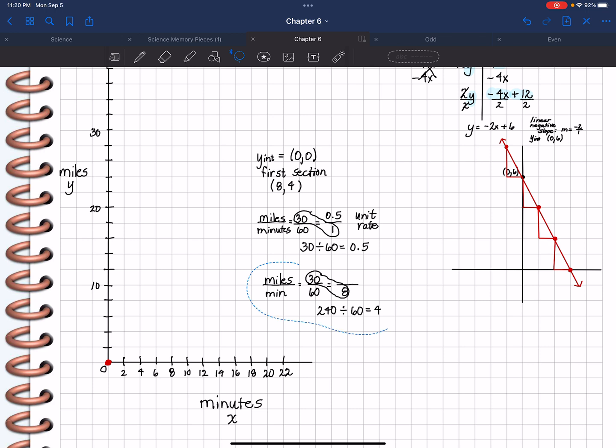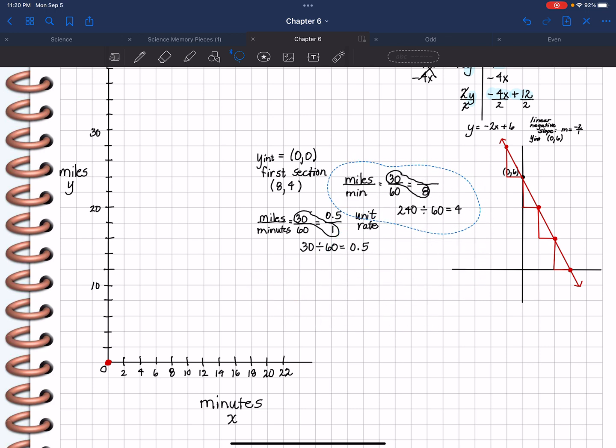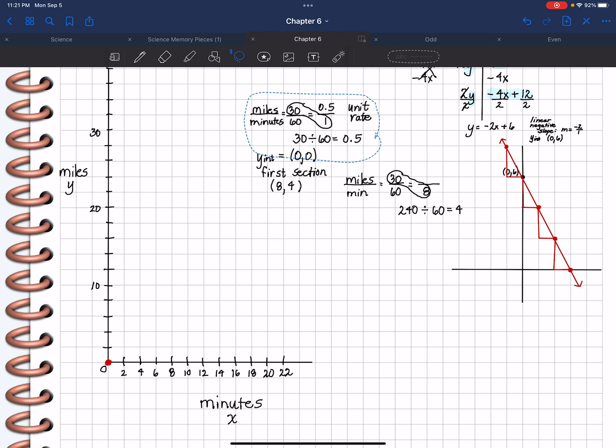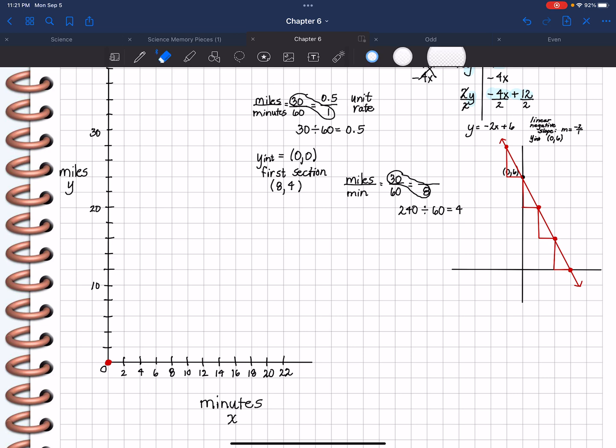Let me bring this up here so you can see where I got that right there. And I'll bring this somewhere else because we don't really need it. All right, so here's the 8 minutes, and we got a 4 out of there. So this part is coming from this math. Trying to get all this to fit here.